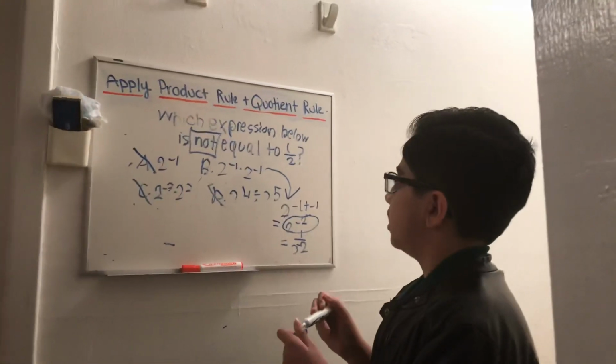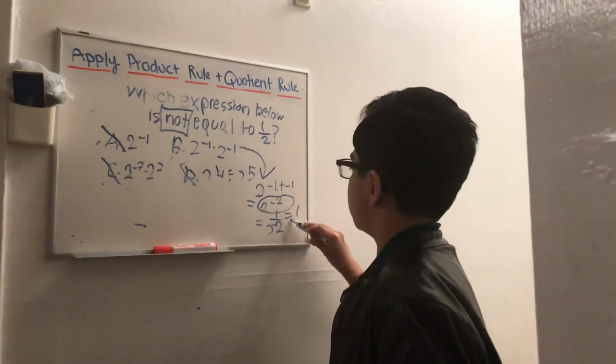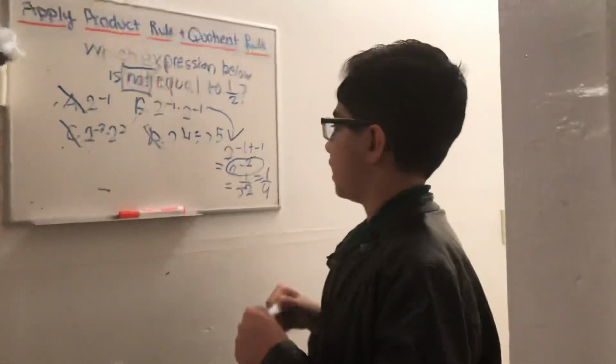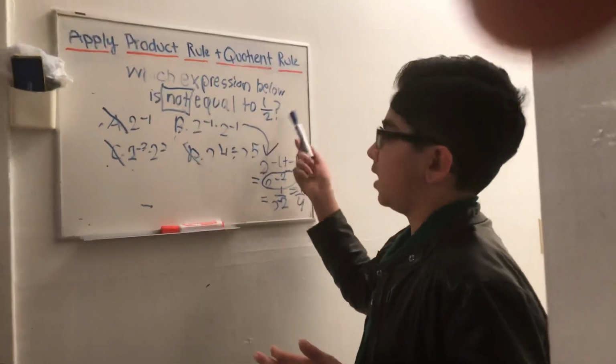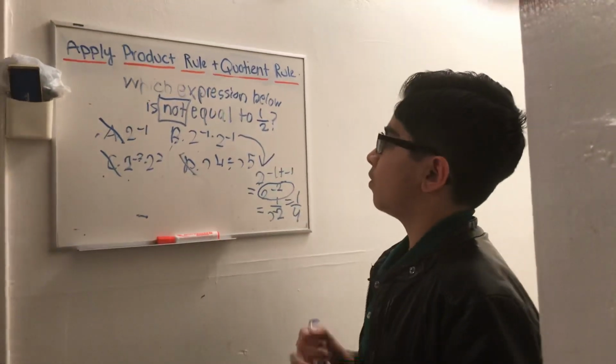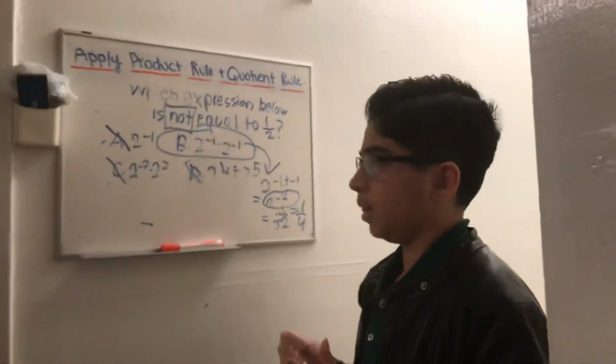So ultimately, you know that this will be equal to 1 over 4. And ultimately, this is not equal to 1/2. So you know that B is the correct answer.